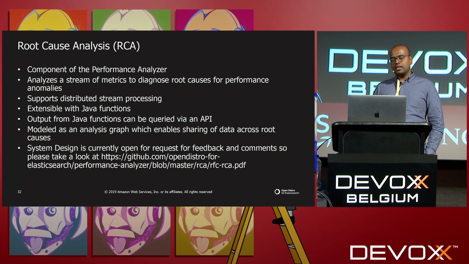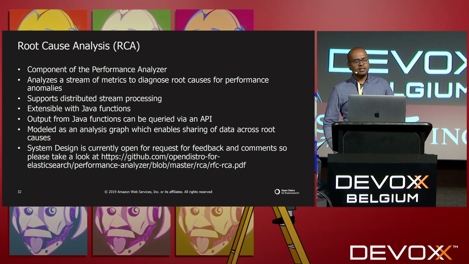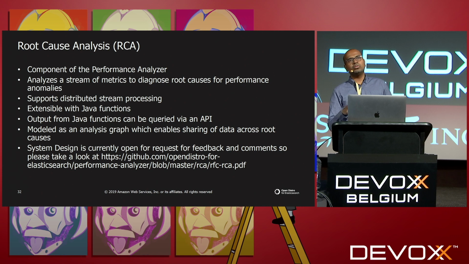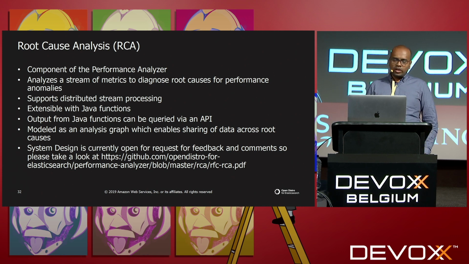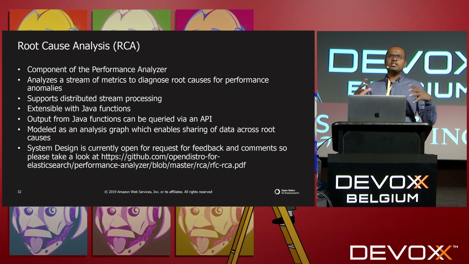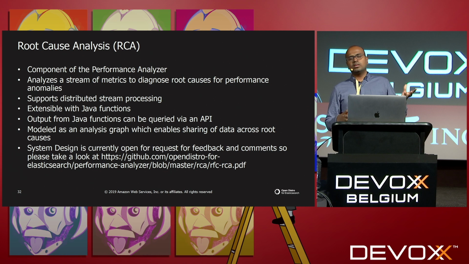The things that we currently have in mind for our design is, like I said, we want to analyze a stream of metrics. But we also want to do distributed stream processing on top of these metrics because these metrics are being generated in multiple nodes of the cluster. One way we want to do this is to have an analysis graph where you would have multiple nodes in the graph, and each node corresponds to a different root cause.